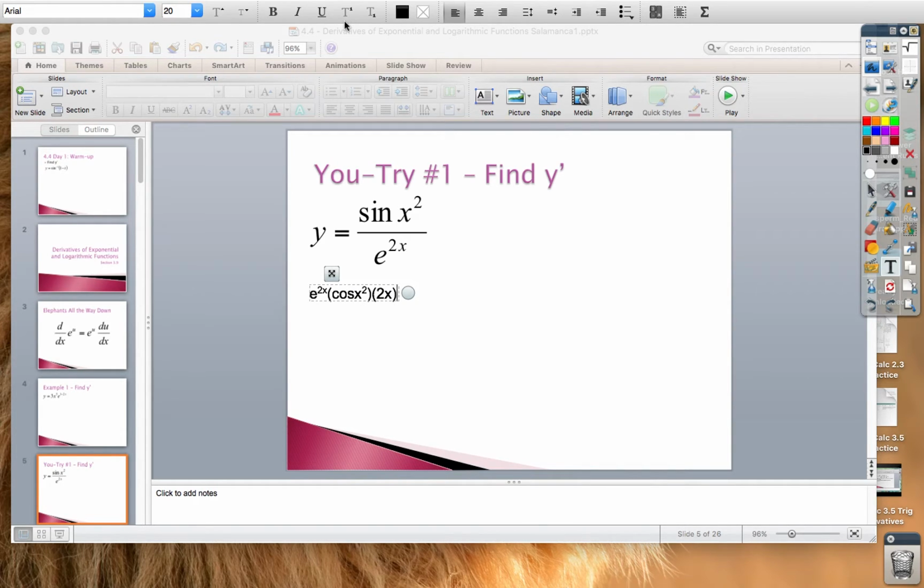So low d high minus high d low, all over low squared. So low squared would be e to the 2x to the second power. And when we simplify that just a little bit, this becomes e to the 4x.